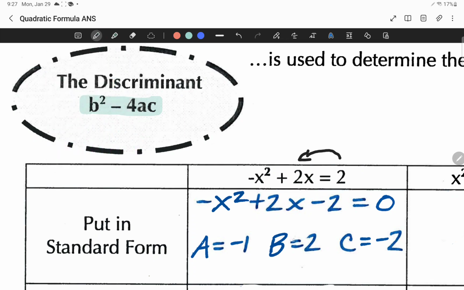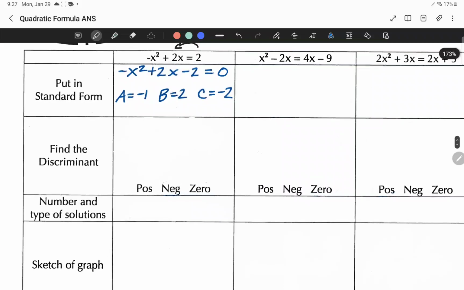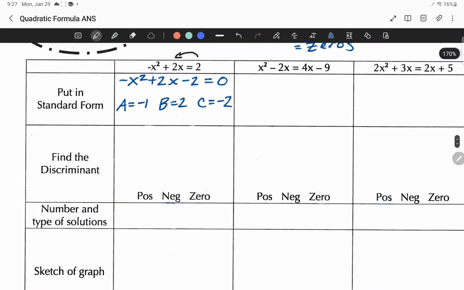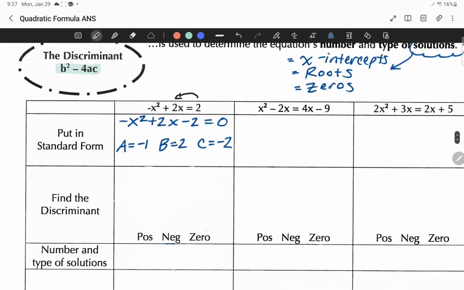Now, the importance of the discriminant is that it tells us whether we have a negative, a positive, or zero discriminant. So, if I plug in the discriminant here, b is 2, that would be 4 minus 4 times negative 1 times negative 2. So let's see if that's true. So go ahead, we write it out, we plug our numbers in, and we have everything that we need right there. Pretty easy.